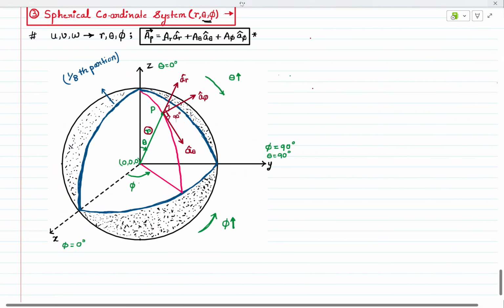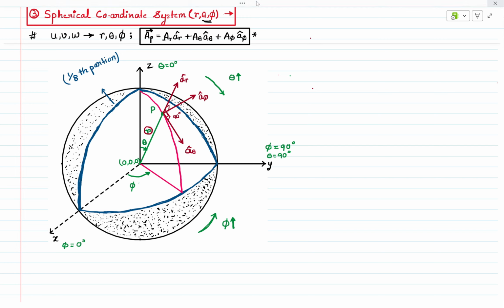Now, some more things I want to mention in this diagram. Listen to this portion very carefully because most of the misconceptions and difficulties occur here. I am going to use a different color. Black.